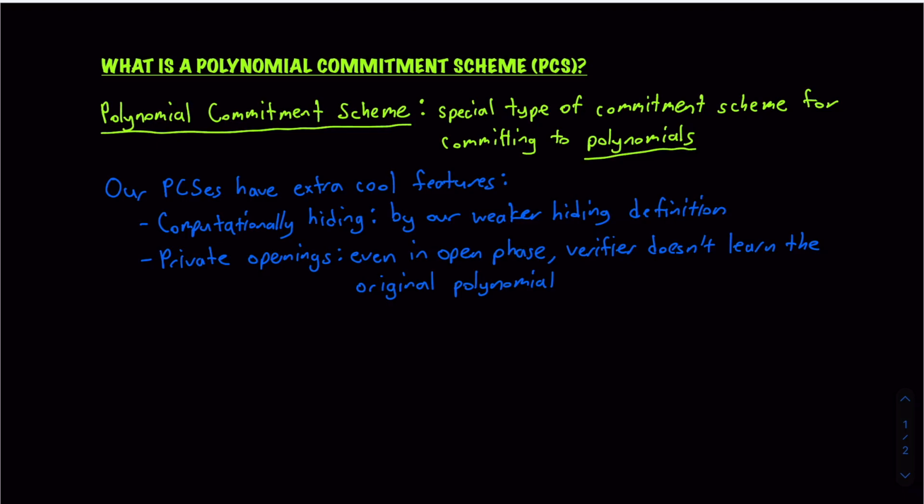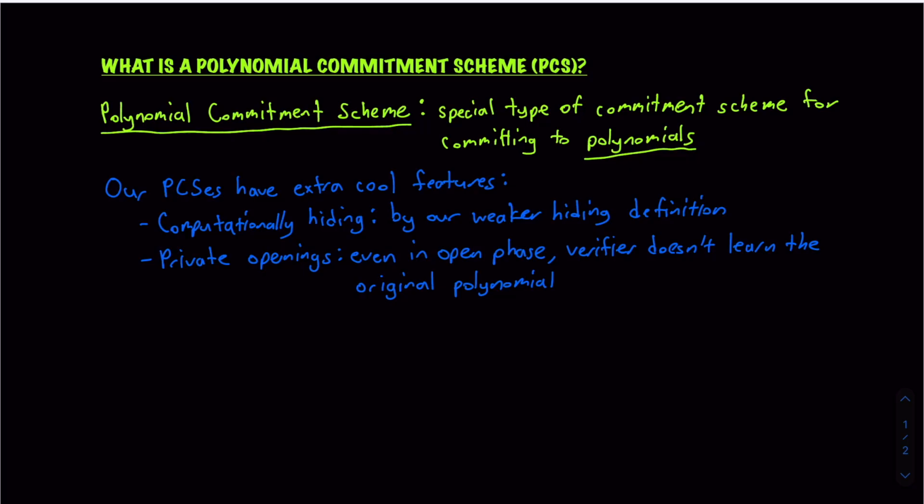Instead, the verifier only sees the polynomial's value at a specific point of the verifier's choosing, along with a short proof, called an evaluation proof, that this value is correct. In contrast, in the SHA-256 example, during the open phase, the prover sends the original message, so the verifier learns everything during the open phase.